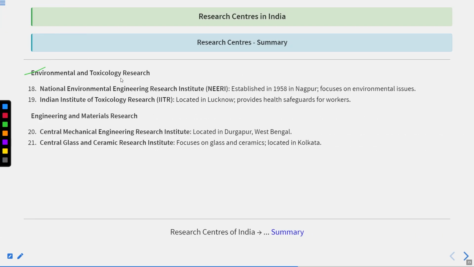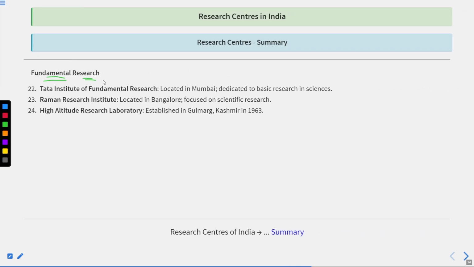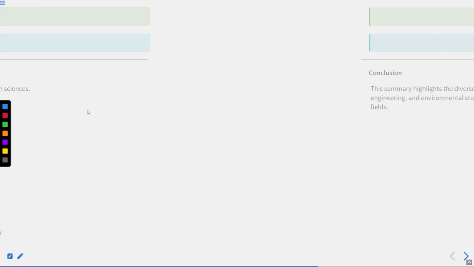For Environment and Toxicology, we have seen National Environmental Engineering Research Institute, Indian Institute of Toxicology Research. Engineering and Material Research, we have seen Central Mechanical Engineering Research Institute, Central Glass and Ceramic Research Institute. For Fundamental Research, we have seen Tata Institute of Fundamental Research, Raman Research Institute and High Altitude Research Laboratory.